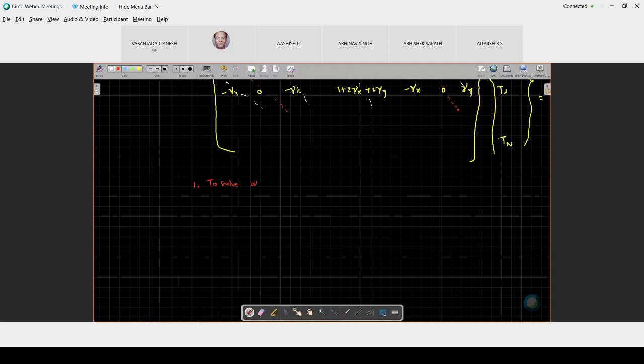To solve the above Ax equals B system, Gaussian elimination is not an appropriate choice due to the sparsity of the coefficient matrix.